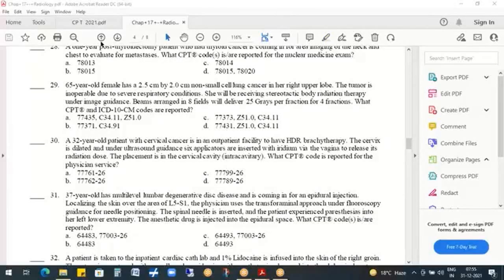Next, make heading radiological guidance. If I completed guidance, then how many topics are left for you in radiology? On day one, you have written the topics.